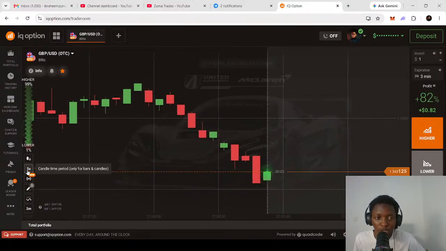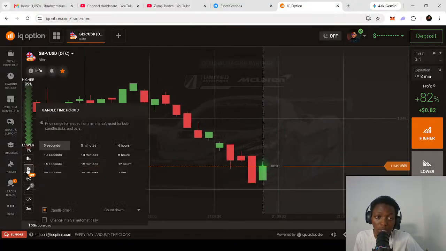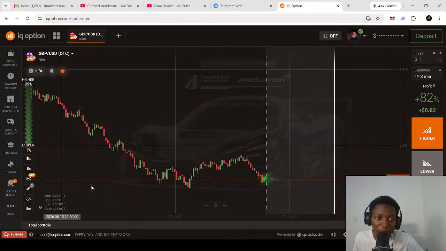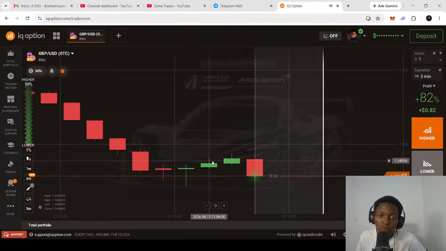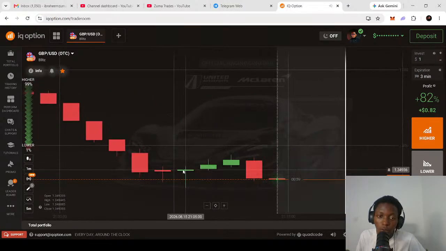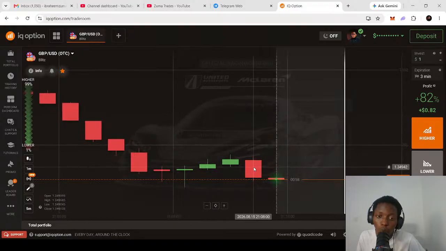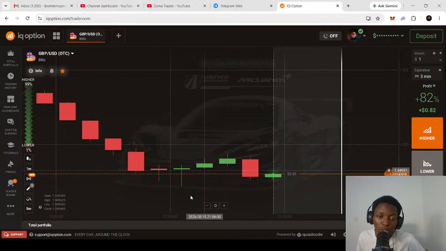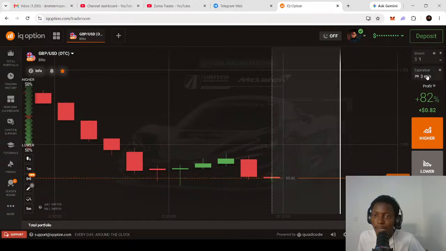We want to change it from the 5 seconds candle, which is incredibly fast, to like a 1 minute candlestick. What this means is that after every 1 minute we will have a new candle. It doesn't mean our trade would close after every 1 minute. This is the candlestick period time, not the expiration time. The expiration time is still here, you can see it, 3 minutes.